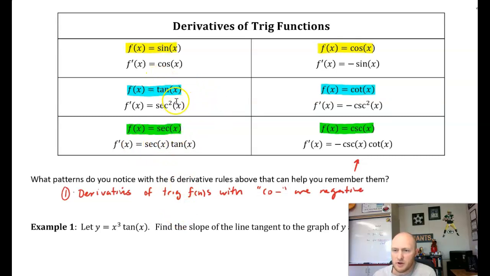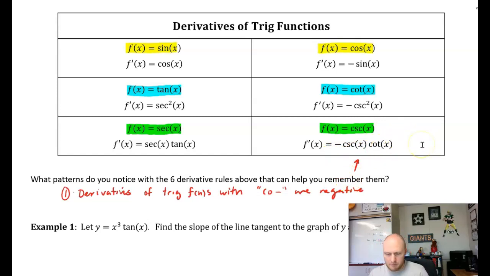Well, the derivative of the cofunction of tangent, cotangent, has the same structure: it's a negative cosecant squared. So instead of secant, it's cosecant. And similarly, the derivative of secant is secant tangent, and the derivative of the cofunction, cosecant, has the same structure: it's a negative, and it's cosecant cotangent.